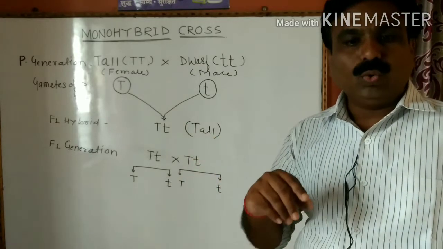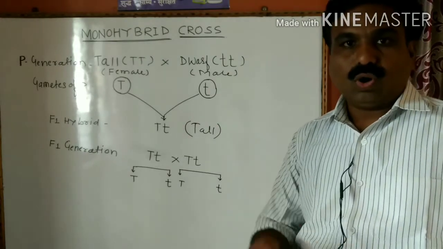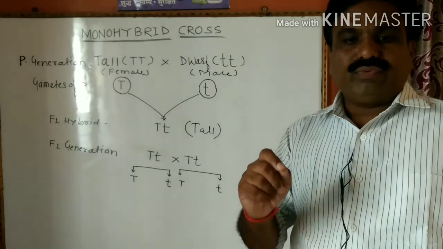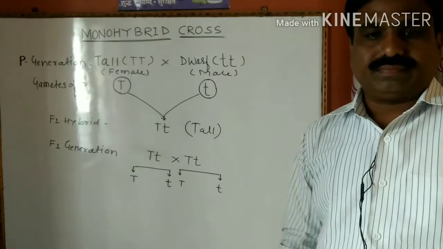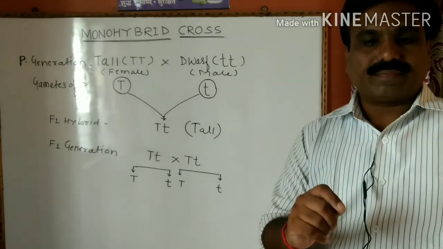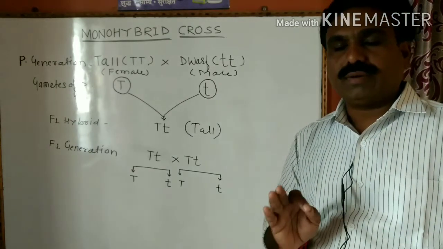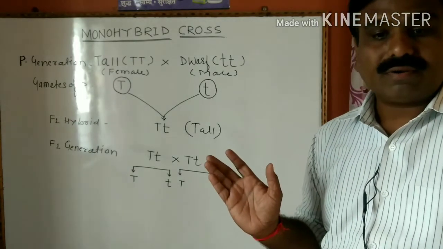Why and how was it eliminated? Is it eliminated forever? Are the tall offspring similar to the parental tall?